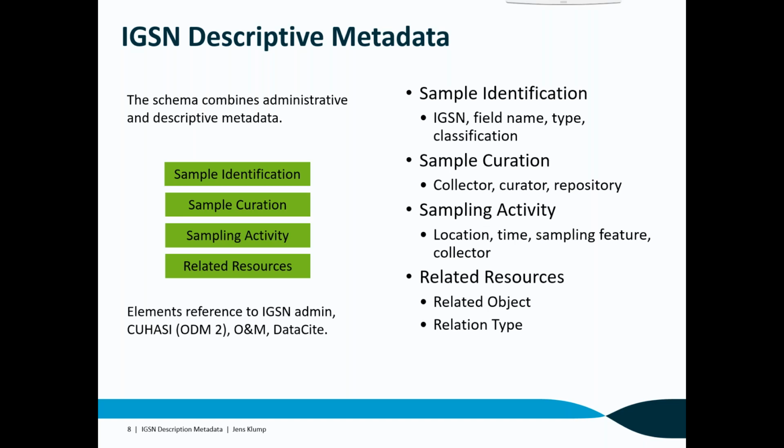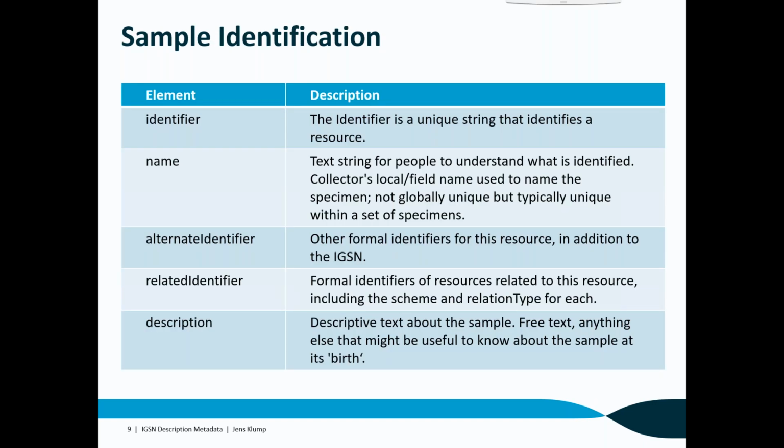So sample identification is the IGSN itself, the so-called field name, some type and classification. Sample curation tells you about who collected it, who curates it, where is its home. Then there's some sampling activity about the location, time, sampling feature, and the collection method, not the collector. Sorry about that. And some related resources information about what it relates to and how it relates to it, and I'll give you a bit more detail now.